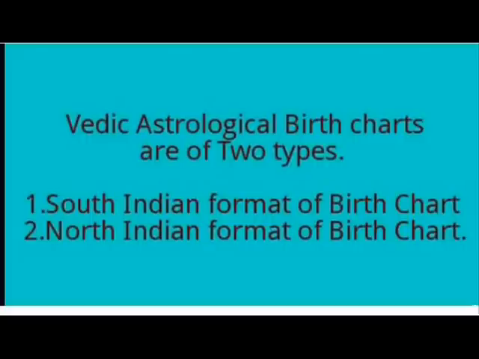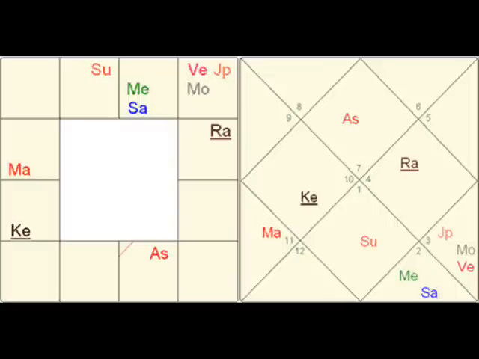Those are the Vedic South Indian format and North Indian format birth charts. Both are actually the same, but the representation is a bit different with respect to the placement of the ascendant and the numbering of houses. I will show in detail how the South Indian format and North Indian format birth charts look.